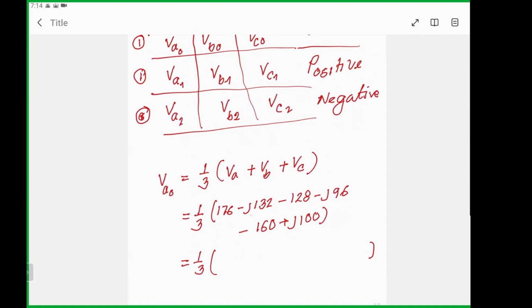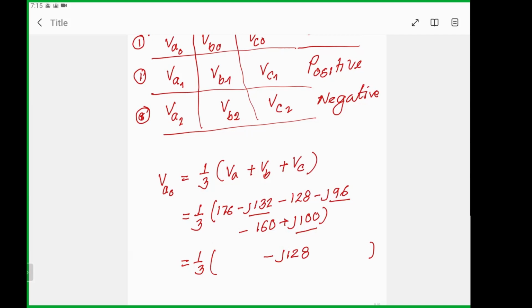So what I will do, I will add all the j components and write them down together. So minus 132 plus 100 is minus 32. Minus 32 minus 96 is minus j128. Is that correct? Minus j128. 96 plus 32 is 128, right? Are you following? So you're just adding all the terms.